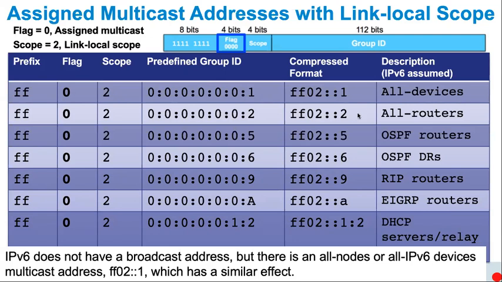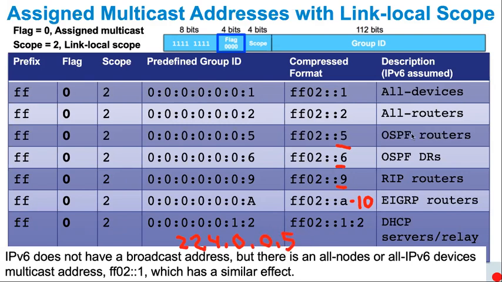What's interesting about this last number for routing protocols, 5, 6, 9, this is equivalent to a 10 in decimal, is these are the same numbers used in IPv4. In IPv4, for example, all OSPF routers begins with 224.0.0.5.